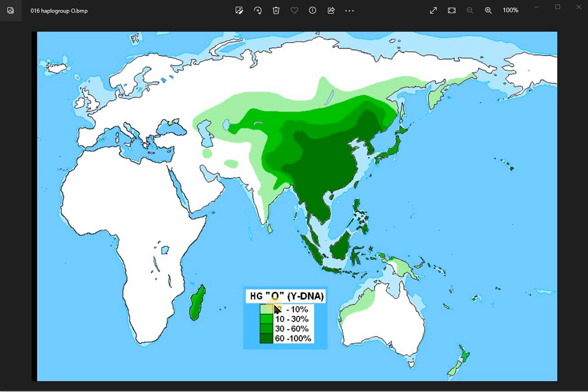This is haplogroup O. It's kind of a counterpart of R that occupies, invades, turns over Western Europe and Western Eurasia. And O does pretty much the same, at least in recent times, in Asia, Southeast Asia, Indonesia, Madagascar.